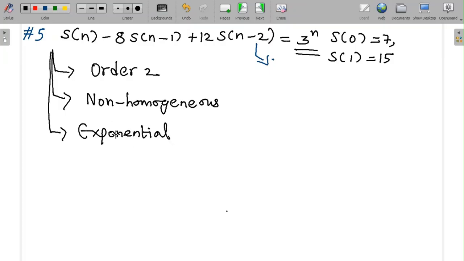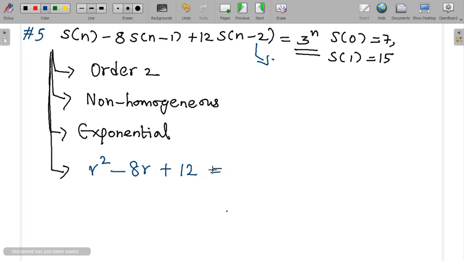So now that we have classified the recurrence relation, we can start solving this by identifying the corresponding characteristic equation. So we'll replace s of n by r squared, s of n minus 1 by r, and s of n minus 2 just by the constant 1. So we have r squared minus 8r plus 12 is equal to 0 as the characteristic equation of the recurrence relation.